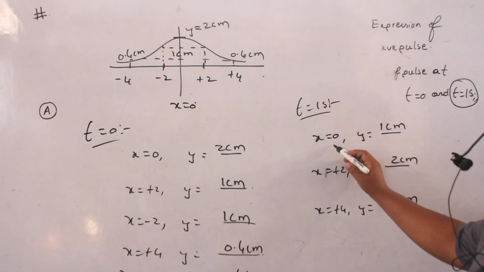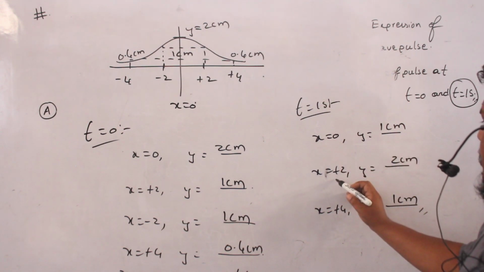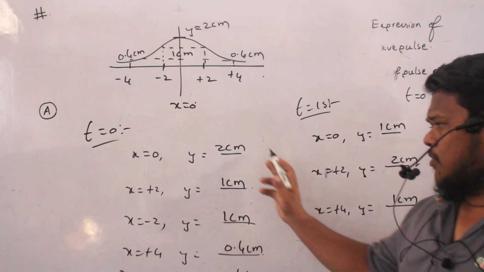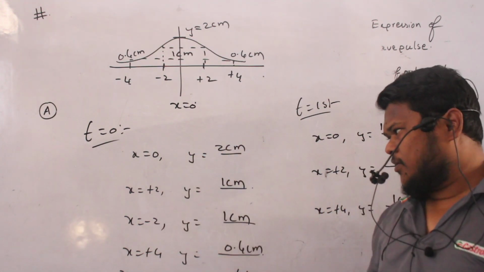Now let us see graph at a time of 1 second. So here at x is equal to 0, we have y is equal to 1 centimeter. x is equal to 2, y is equal to 2 centimeters.